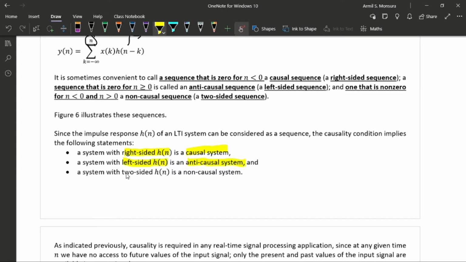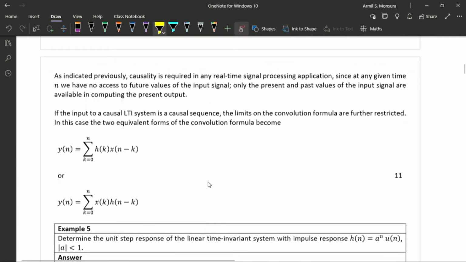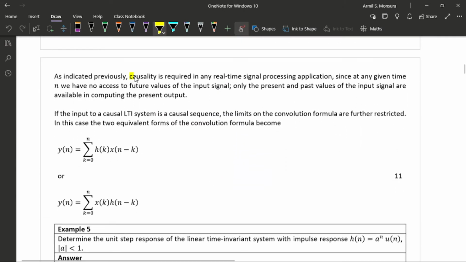And finally, a system with a two-sided h[n] is a non-causal system. As indicated previously, causality is required in any real-time signal processing application, since we can only implement real-time signal processing tasks when the system is causal.